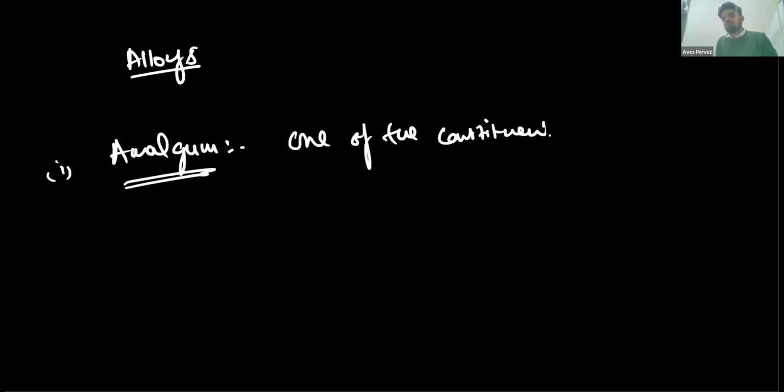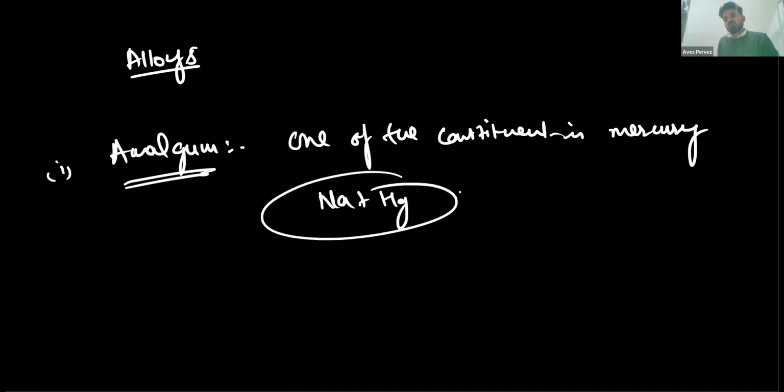Amalgam is an alloy in which one of the constituents is mercury, like sodium amalgam, which is sodium mixed with mercury.